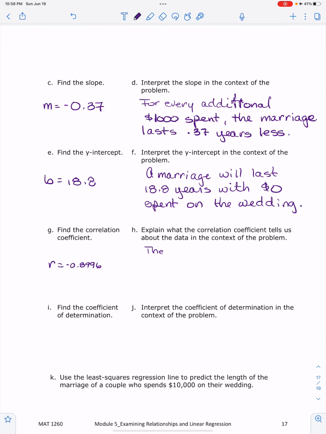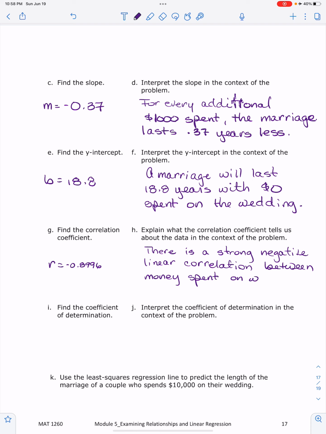This means, and we've got that sentence framework, there is a strong negative linear correlation between money spent on wedding and length of marriage.